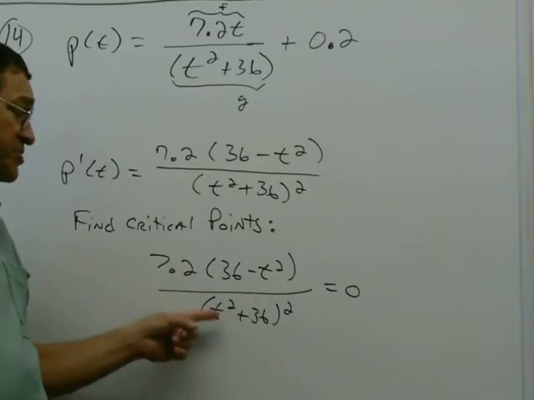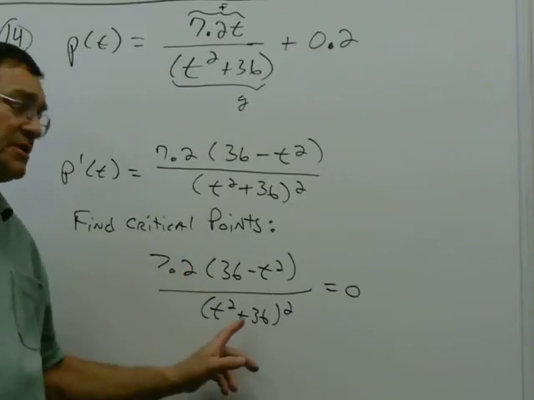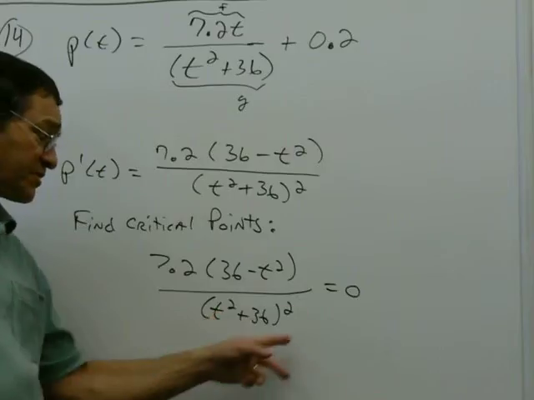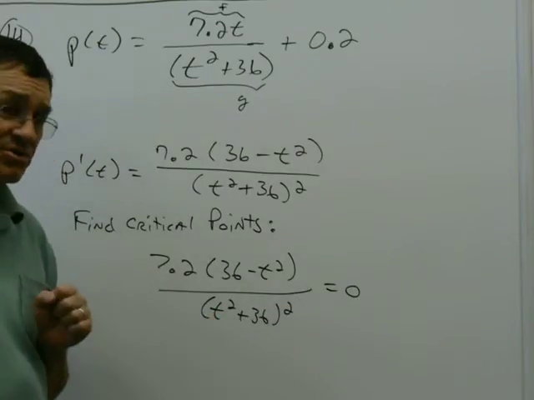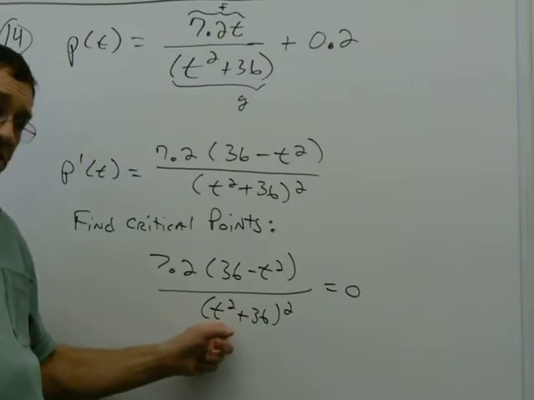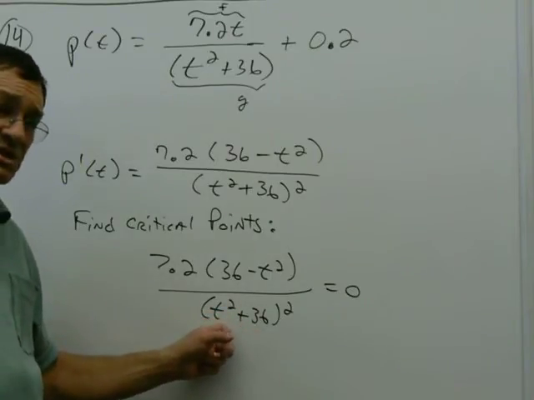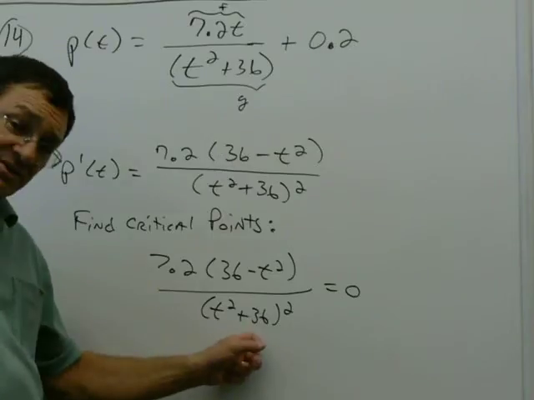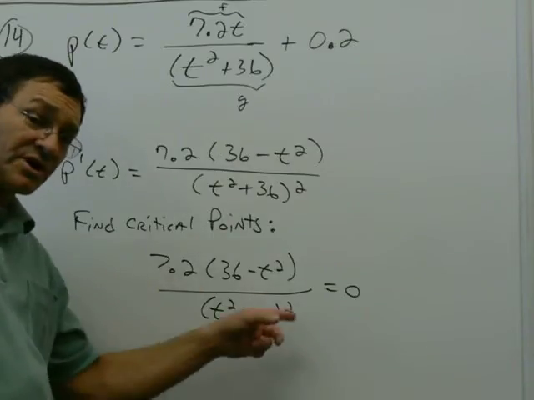Any place where your first derivative is equal to 0, of course, gives you a critical point. Any place where the denominator is 0, this expression would be undefined, and you'd also have a critical point. But if I look at that denominator, no matter what I let t equal, I'm squaring it, so it's going to be 0 or some positive number. I'm going to add that to 36, and I'm going to square it. This denominator is never going to be equal to 0.